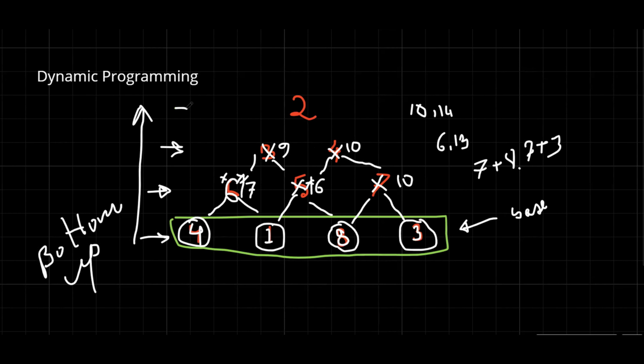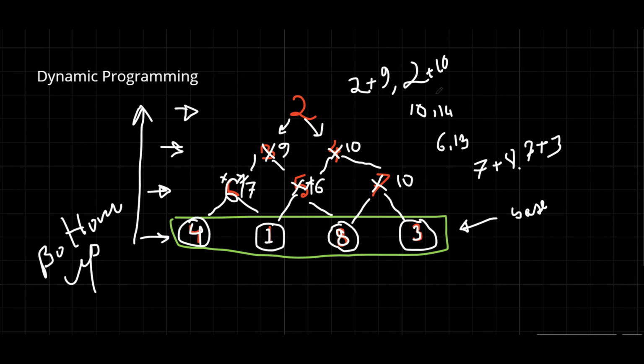Now, currently we are at the top position, 2. From here, we can take either this path or this path. If we take the left path, the sum will be 2 plus 9, and if we take the right path, the sum will be 2 plus 10.